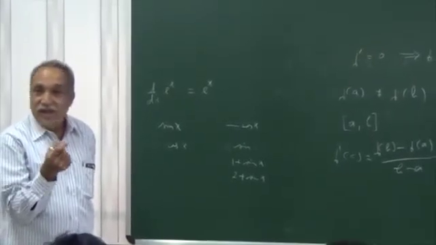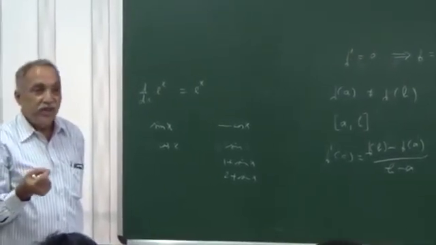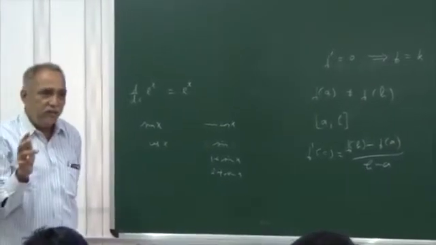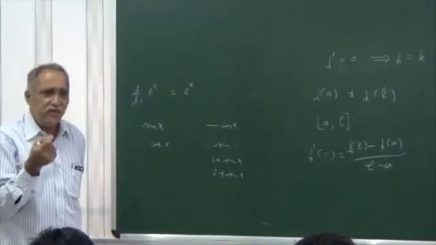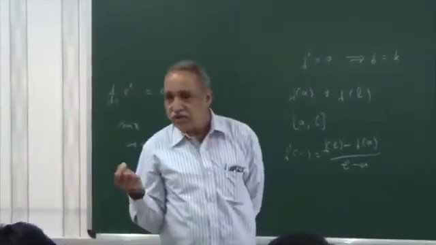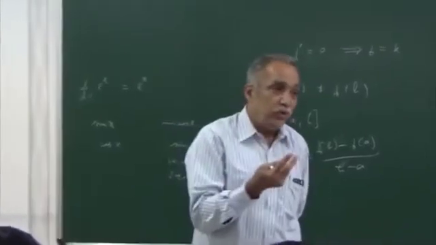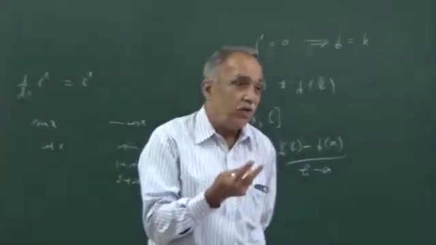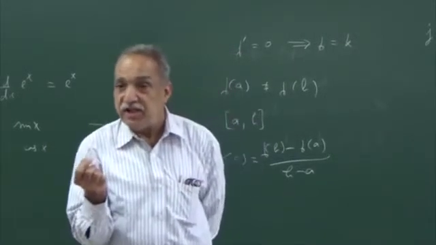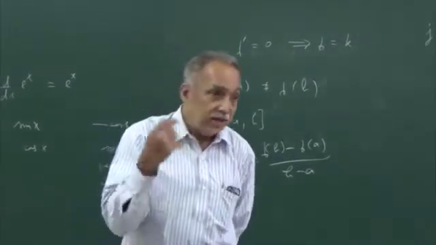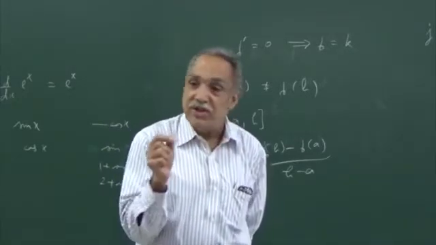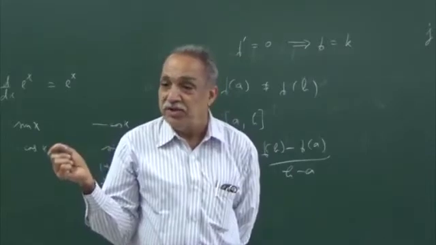Okay. As a consequence, every function having an antiderivative has infinitely many antiderivatives, and the difference between any two antiderivatives must be a constant. Agree? If g is an antiderivative, then all other antiderivatives are obtainable as g of x plus c, where c is an arbitrary constant.